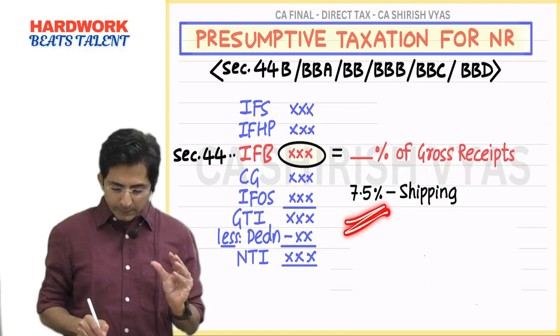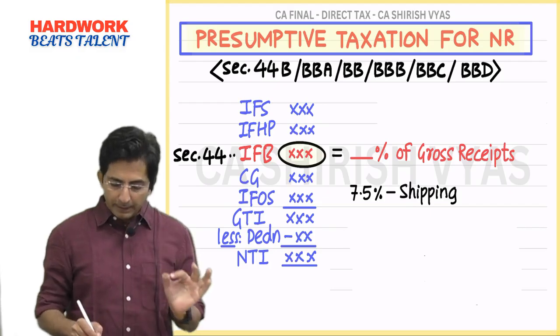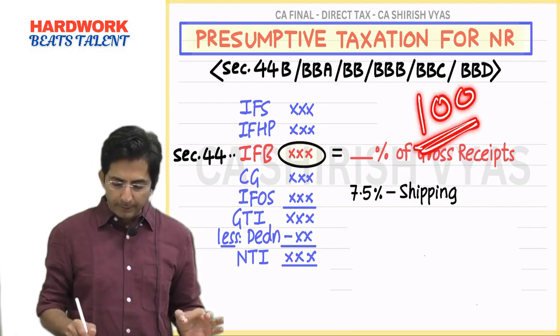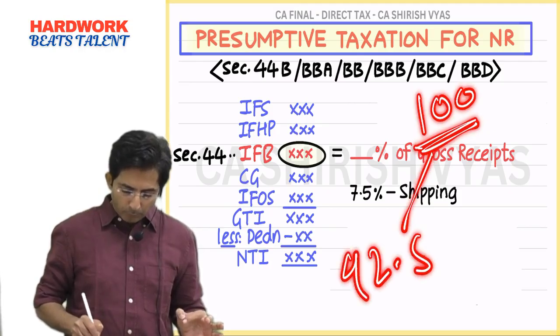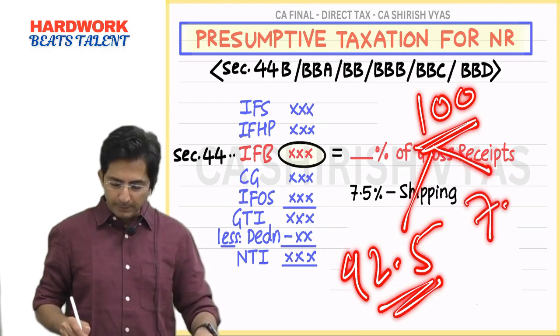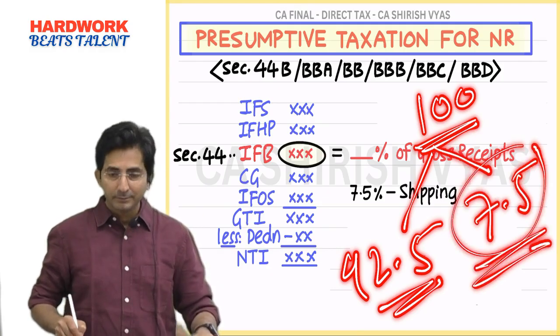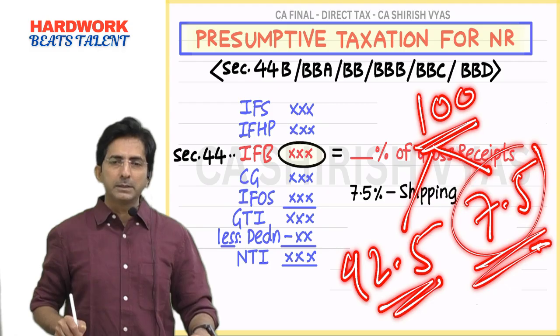When the law says 7.5%, indirectly what they are saying is that if the customer gives you 100, we assume 92.5 is expenditure and your net profit is 7.5. What is the revenue for a shipping business?